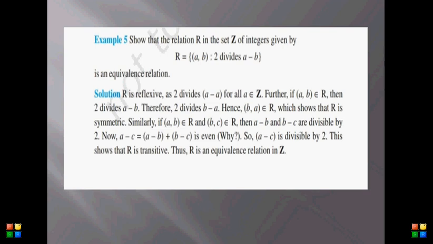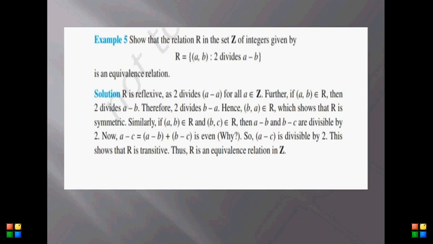Now a minus c is equal to (a minus b) plus (b minus c), which is even, because we are adding two even numbers, so we again get an even number. So a minus c is also divisible by 2. This shows that R is transitive, thus R is an equivalence relation in Z.